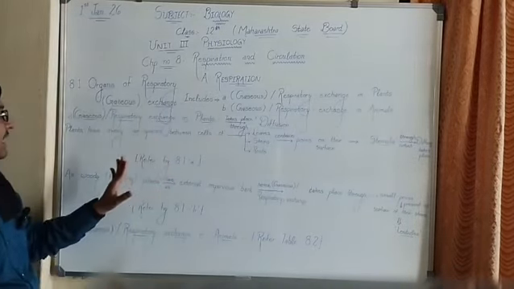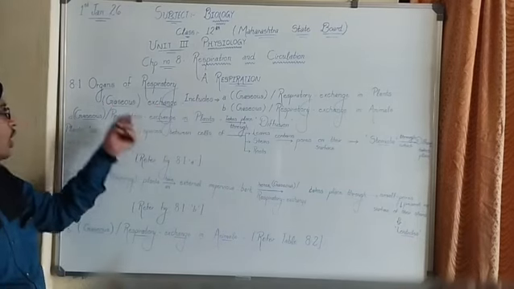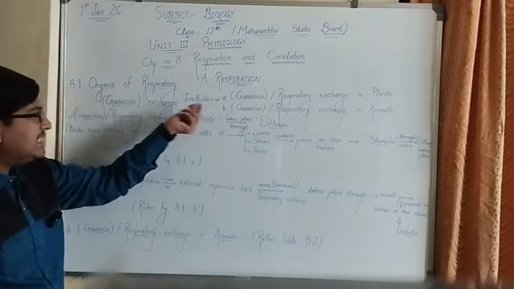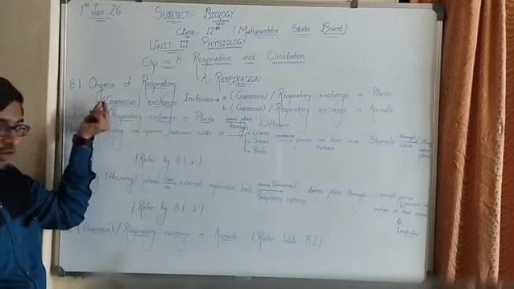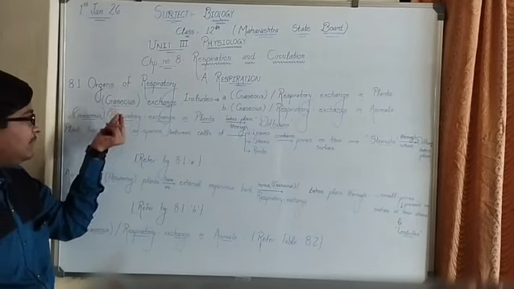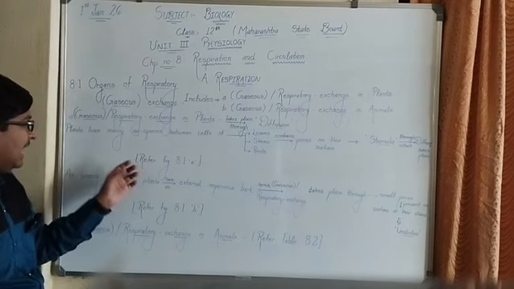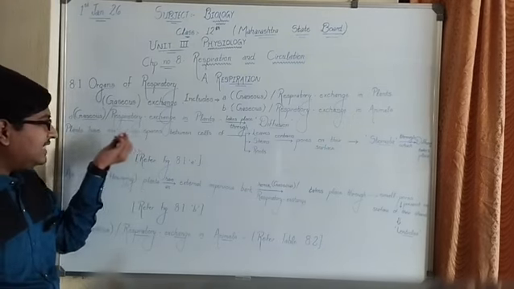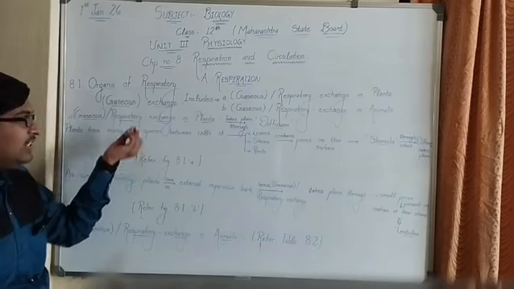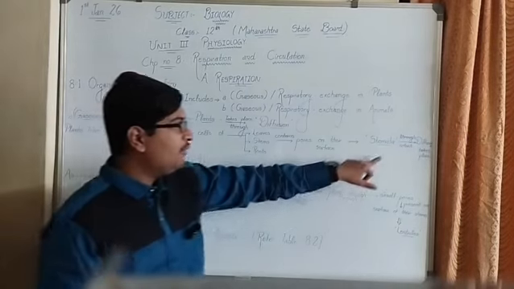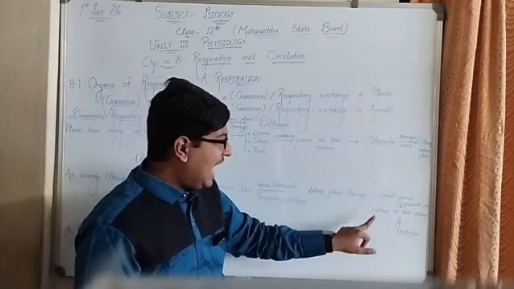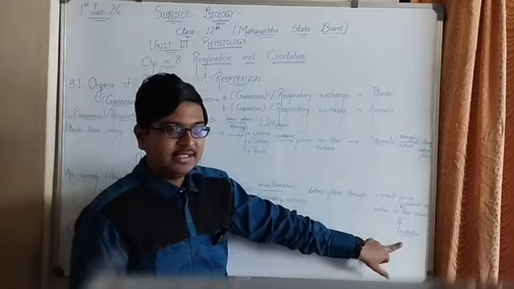This is basically the core essence of the first subbit of the first bit, which is organs of respiratory exchange. From this we could understand that the organs of respiratory or gaseous exchange in plants are first stomata and second lenticels.